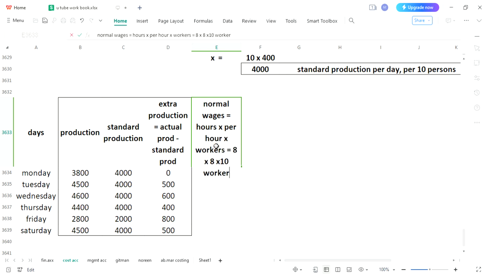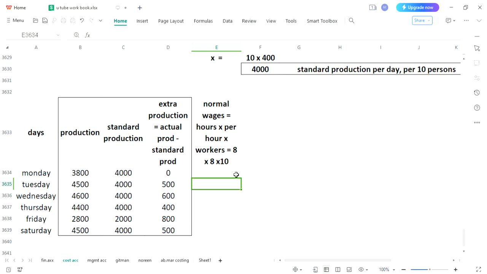You can see that we have hours 8 in one day, per hour is also 8, and 10 workers. So in this way you will be able to calculate wages of each day: 8 hours, 8 per hour, and total 10 workers have worked on each day.